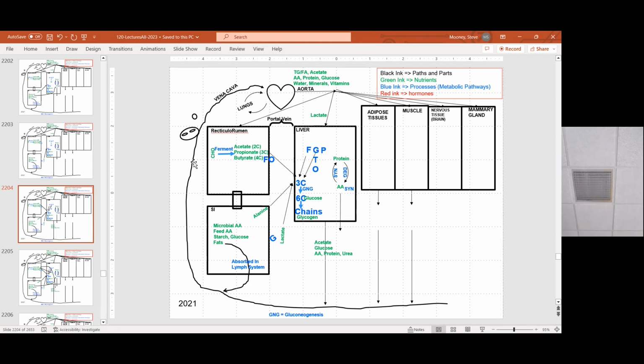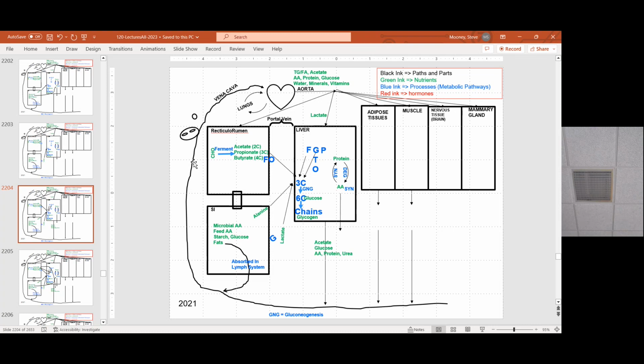So if we're looking at our units coming in, 3 carbon units. We've got lactate going in. We've got alanine going in. We've got propionate going in. We can steal a glycerol going in. Or we can steal from pyruvate.